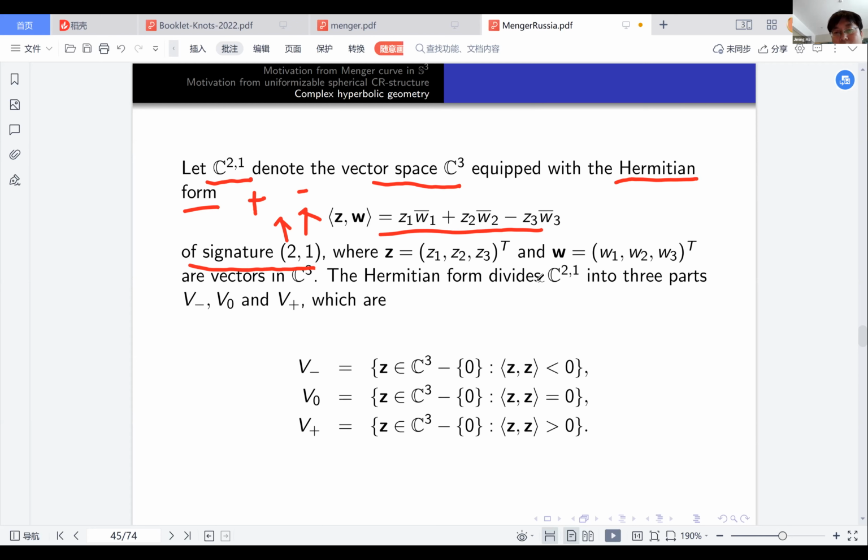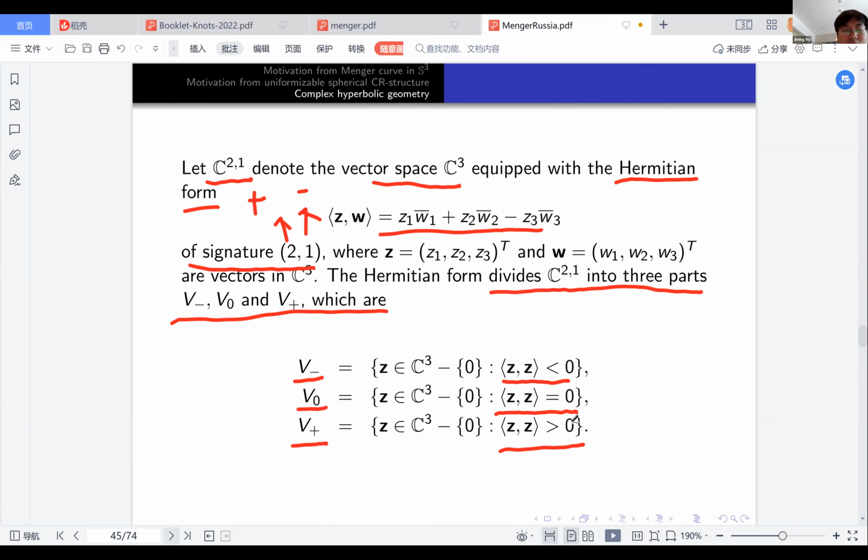Then the Hermitian form divides the vector space here into 3 parts, right? Which are V minus, V0, and V plus. So V minus is just the set of points such that the Hermitian form on it is negative. And similarly, we have V0 and V plus.